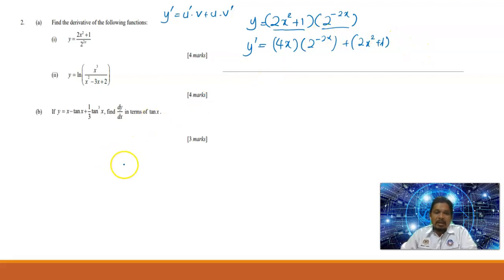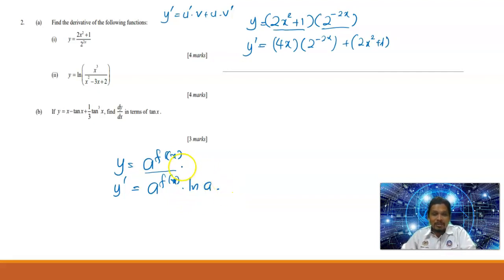Okay, class, y equal to a to the power of f(x). Then y prime equal to, firstly, we write down all this again, a to the power of f(x), multiplied with natural log of a.